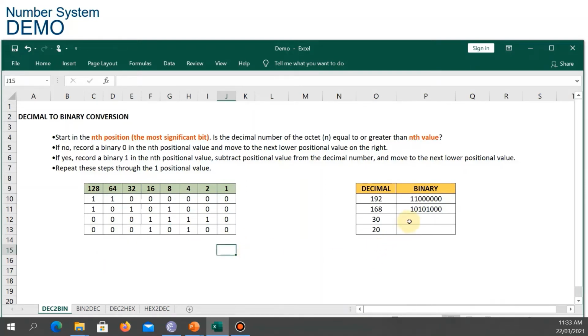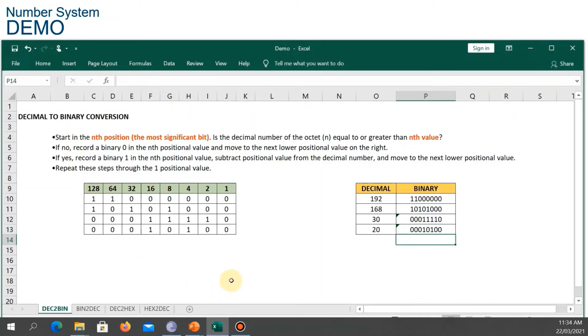So we could say that 30 is equal to 0, 0, 0, 1, 1, 1, 1, 0. That is for 30. Now for 20, that would be 0, 0, 0, 1, 0, 1, 0, 0.